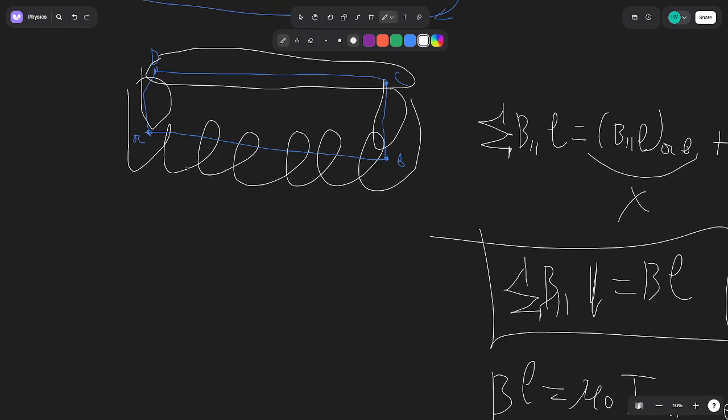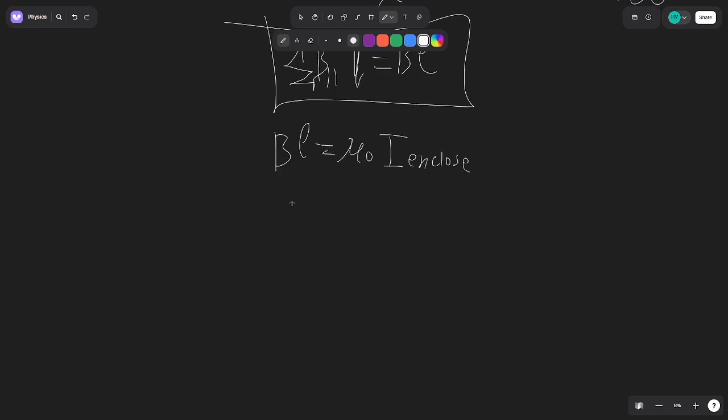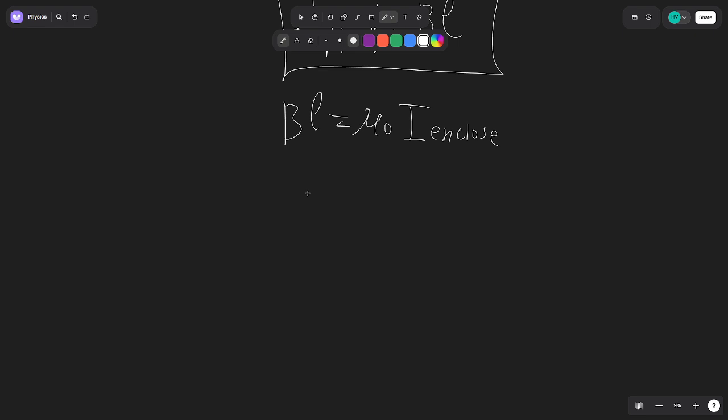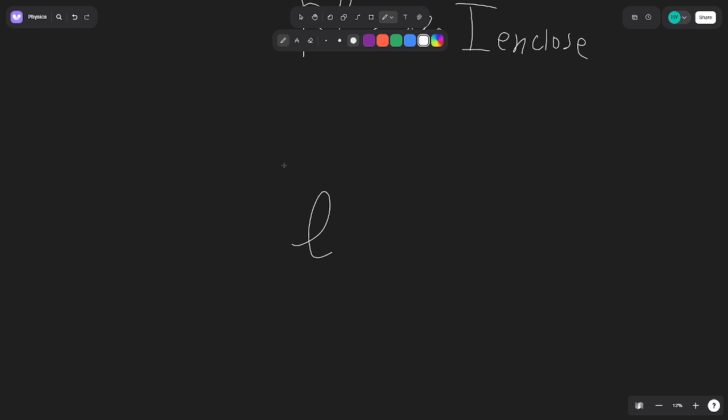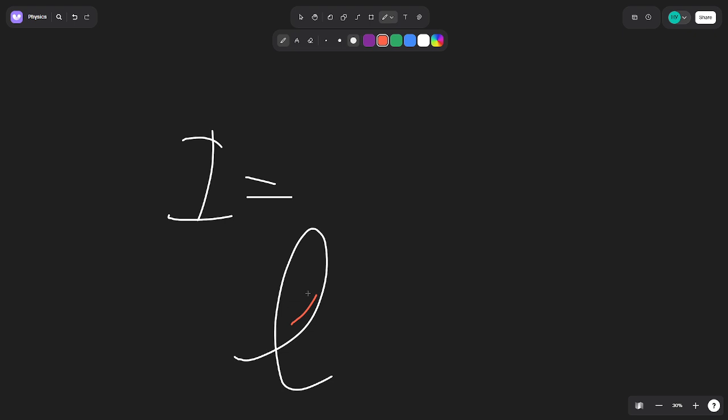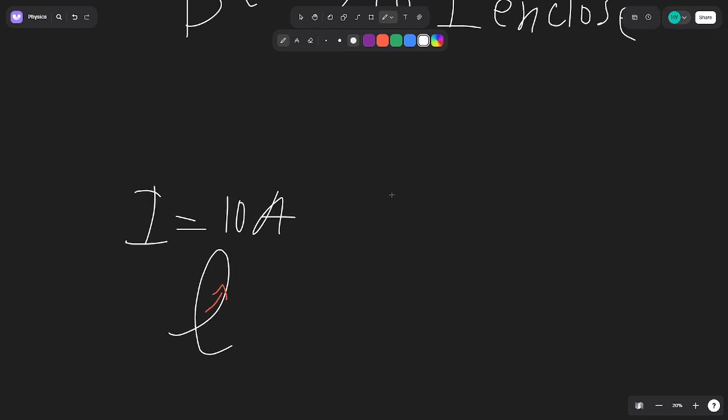So now let's figure out the dependence on the amount of loops in a wire, and then estimate formulas that could be easier to use in your problems. When we have one loop, the current going through this one equals 10 amperes, 10 amps.